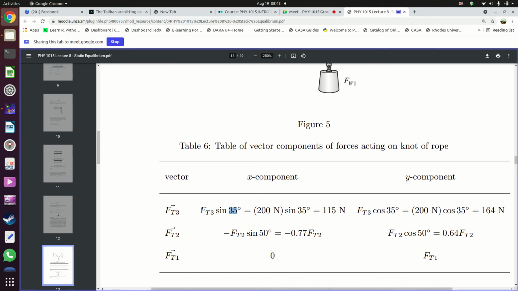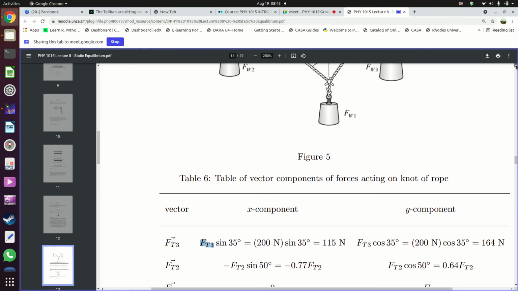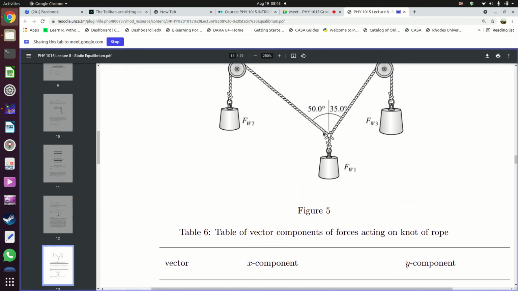So you write Ft3. The first thing you're supposed to do to make things easier, you put an XY plane over this point. Then using this angle, you find what the angle is between this rope and the XY plane, which is supposed to be your 65 degrees. Are we clear?